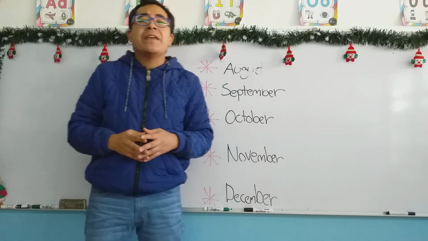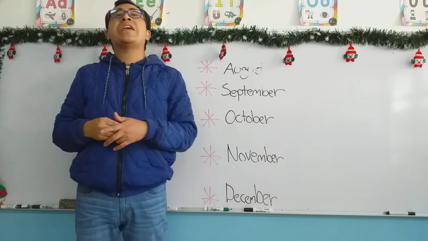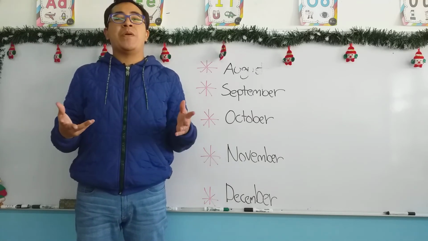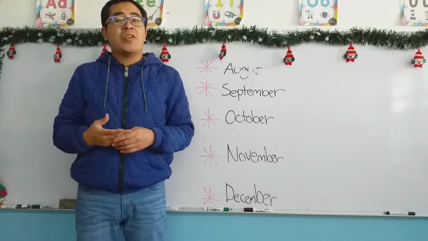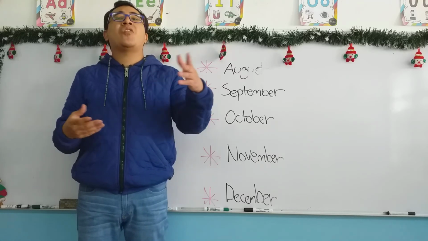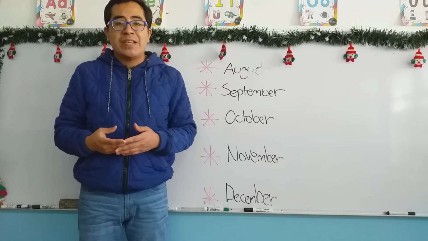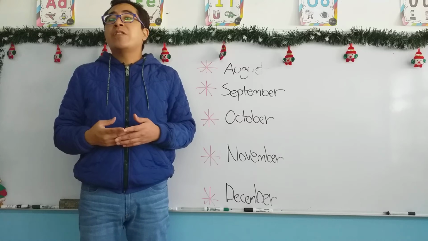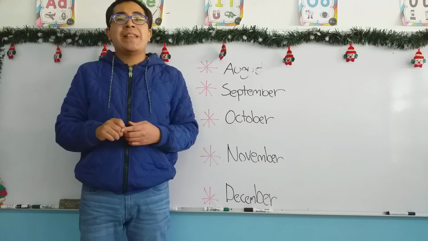And finally, the last month of the year is of course December. And a special celebration for the month of December is of course Christmas. Now, for December we have the following letters.